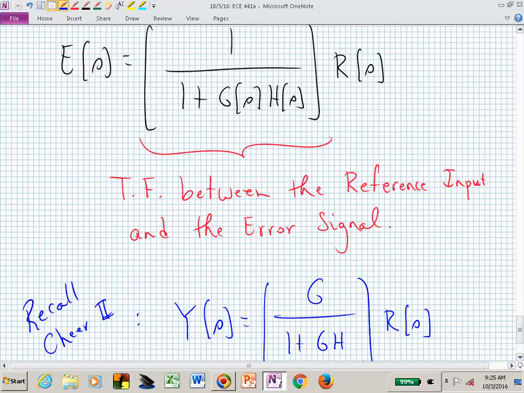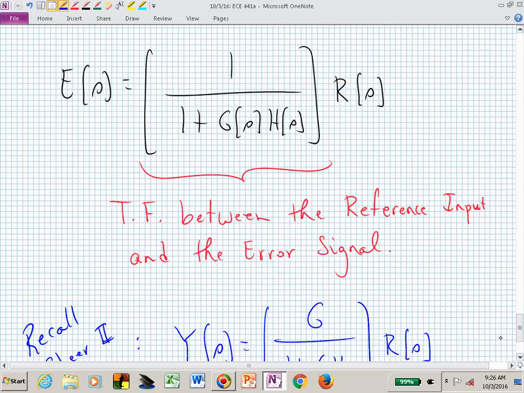So the dynamic behavior of our system is going to be the same whether we're dealing with this transfer function between the reference and the output or the reference and the error. But the actual numerator in those two is different. One is G and one is just 1. So they are different transfer functions, and I want you to be clear that you can extract many different transfer functions from the same system interconnected structure.